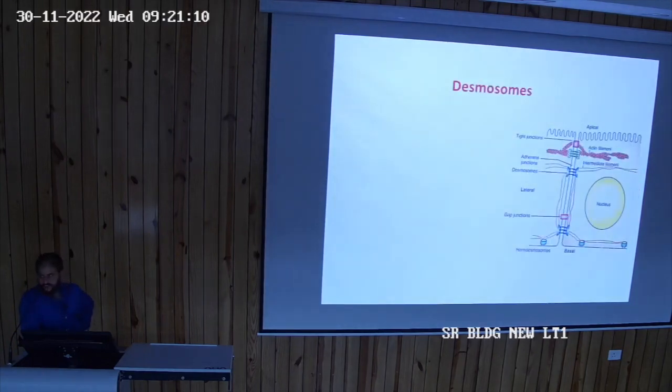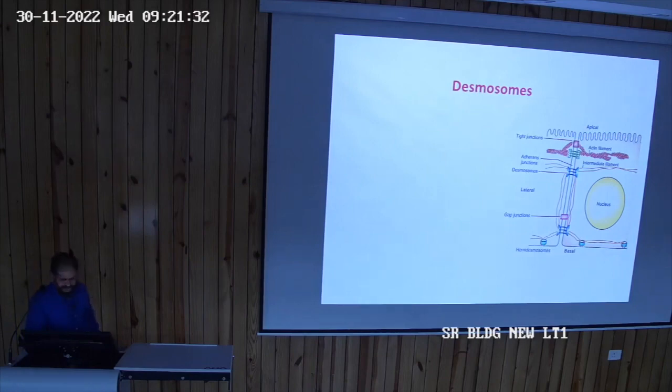Then the next connection is the desmosomes. We have discussed zonula occludens, gap junctions, then adherens. Then there is desmosomes. You can see here, this is the desmosome. ये इधर desmosomes दिखा रहा है.